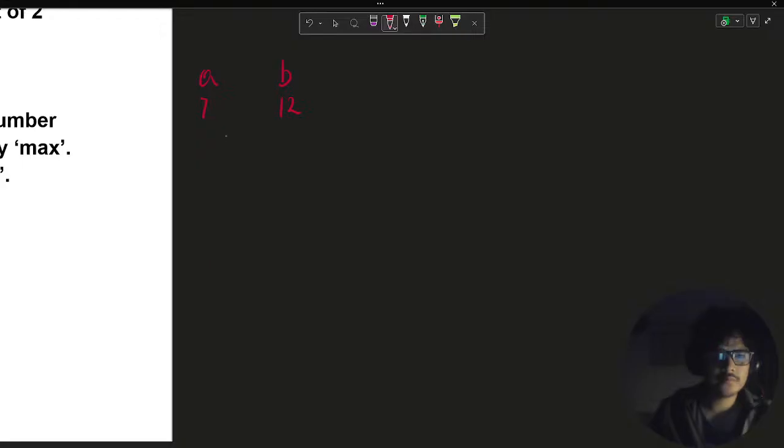For 7 and 12, we have to see every number that exists between them, inclusive of both A and B, that are 7, 8, 9, 10, 11, 12. 7, are you having 2 in this? No.